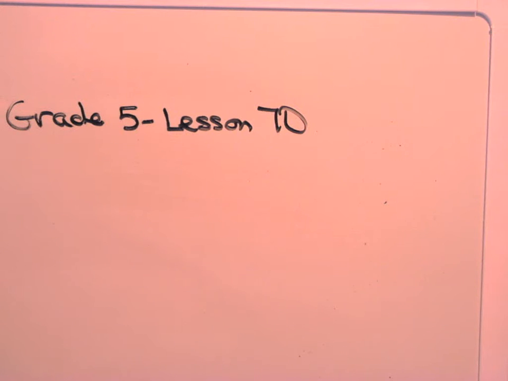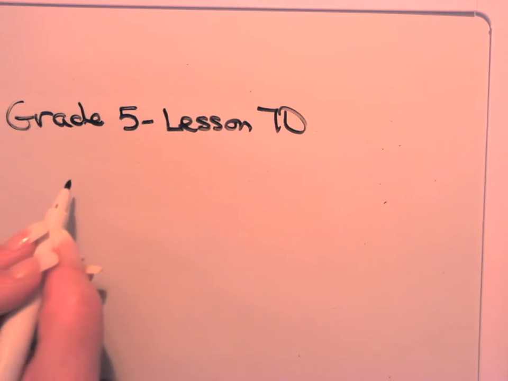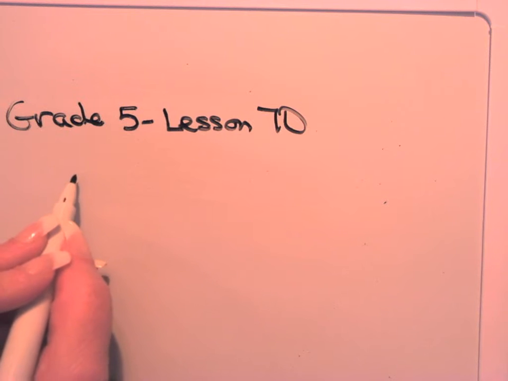All right, this is grade 5, lesson 70. We're talking today about the idea of decimals and what we do if we have to write something in decimal form.